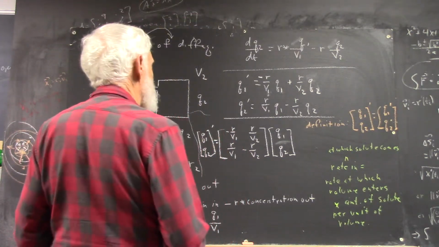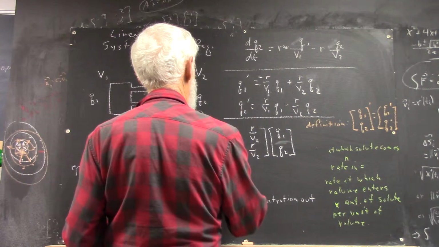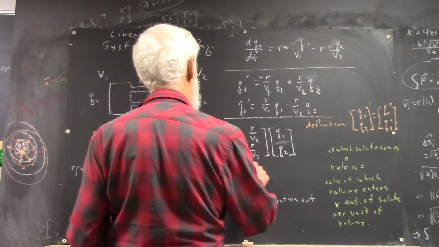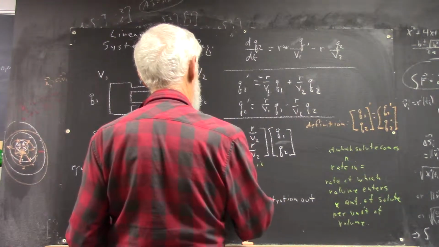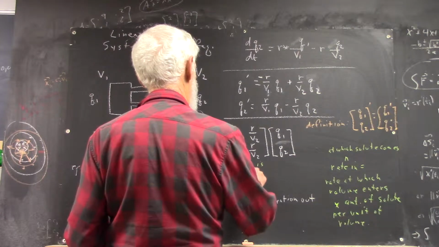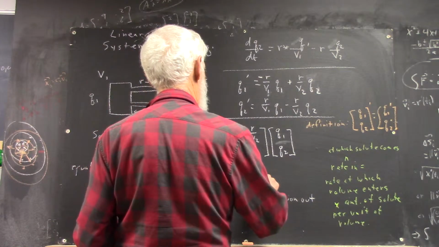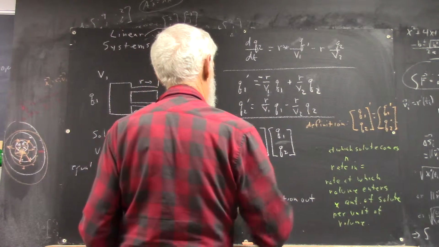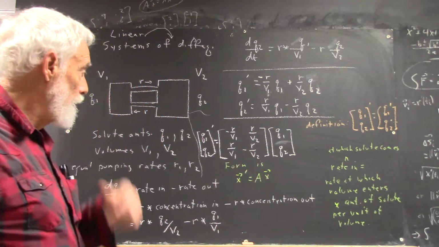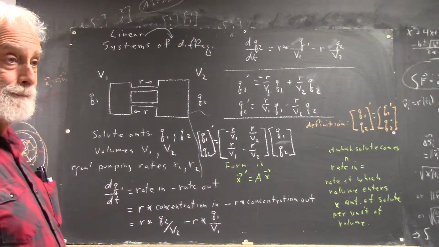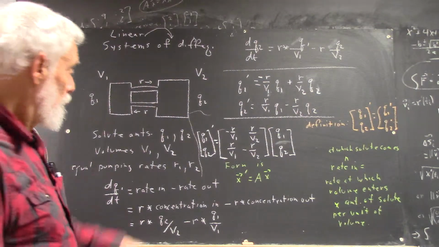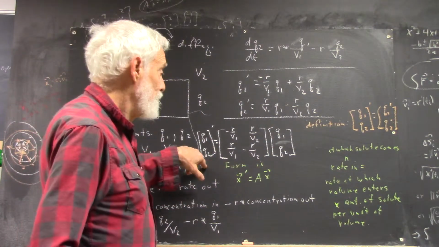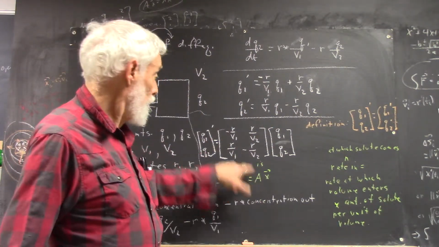Well, this is of the form x prime equals Ax, where x is your Q1, Q2, and A is this matrix.